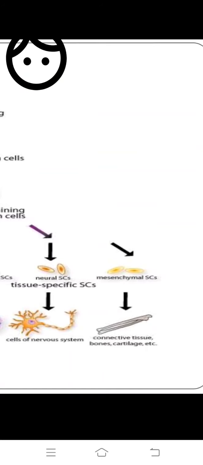Mesenchymal stem cell forms the connective tissue, like mesenchyme means bone, and bone marrow is an example, and pulp of the teeth is also mesenchymal. Connective tissue, bones and cartilages, very important. Mesenchymal stem cell formation: connective tissue, bones, cartilages, etc.